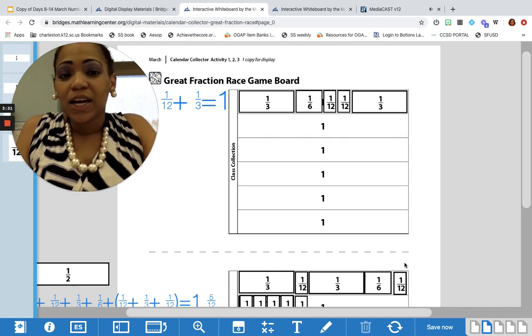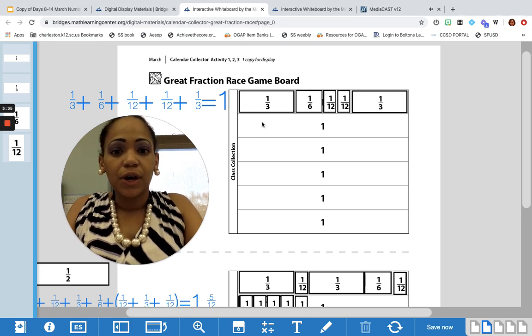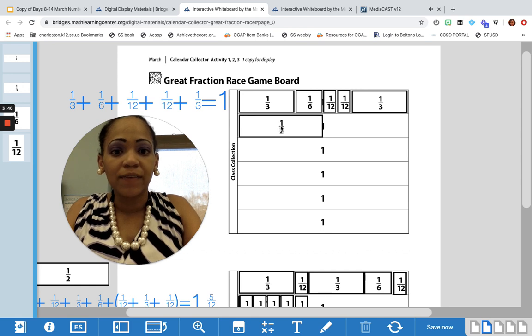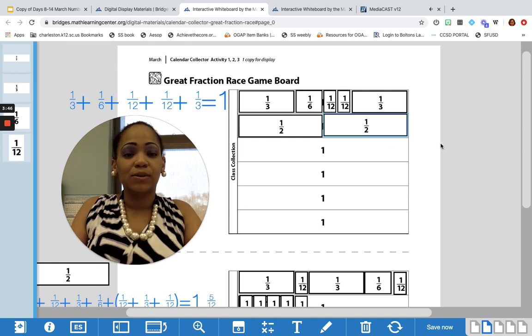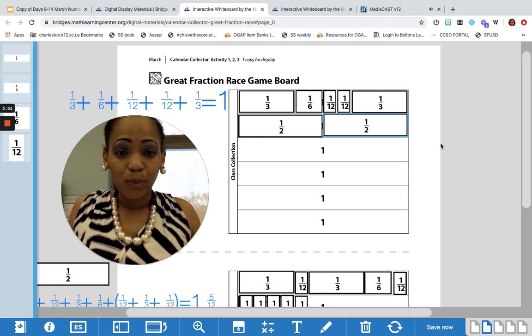All right, so I'm gonna go ahead and add you guys your pieces first, and we're gonna do that together. So we have a half, and then we have another half. And we know that a half and a half equals what? Yes, 2 halves, which is 1 whole.